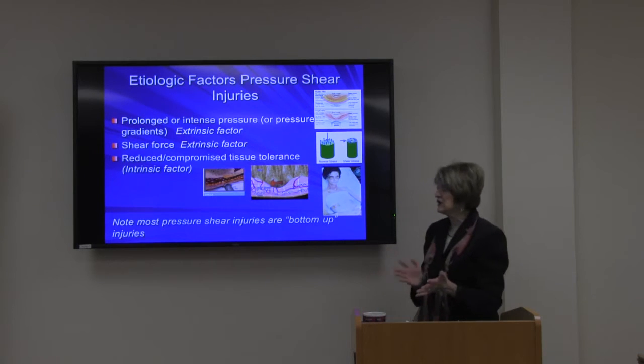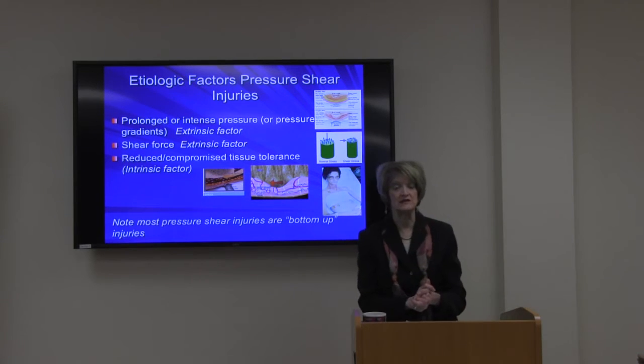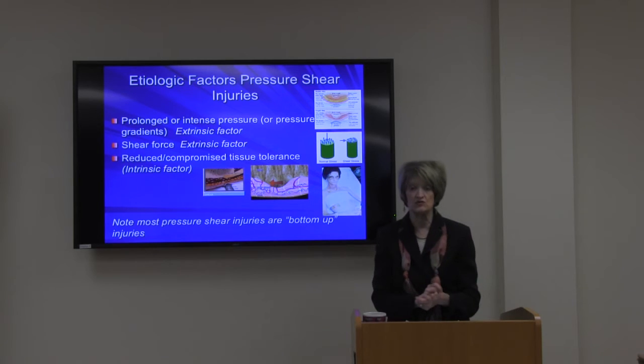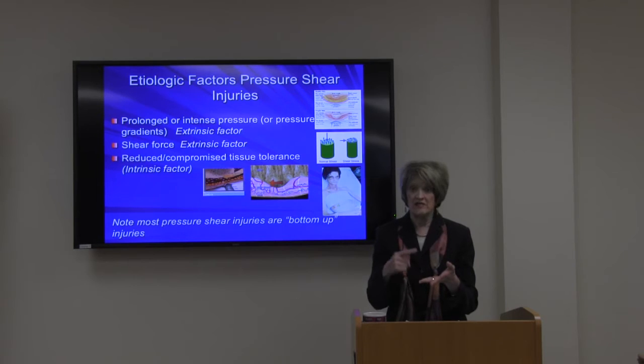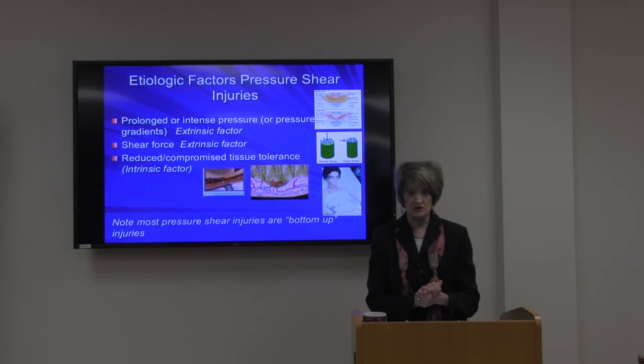So the major etiologic factors for these deep wounds, these full thickness wounds, due to pressure and shear, obviously either prolonged pressure or very intense pressure. That's an extrinsic factor, okay? That's an outside-in factor. Shear force, and we'll talk more about shear force, another extrinsic factor.